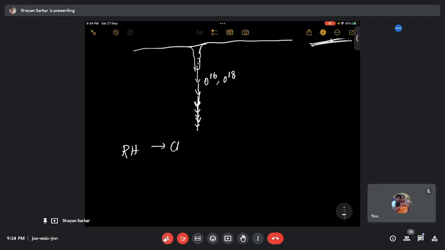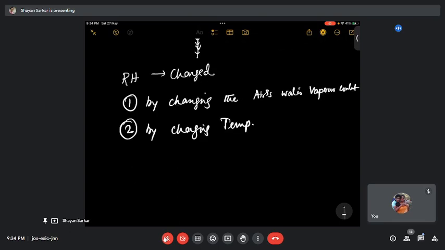Number one, the air's relative humidity can change by changing water vapor content.